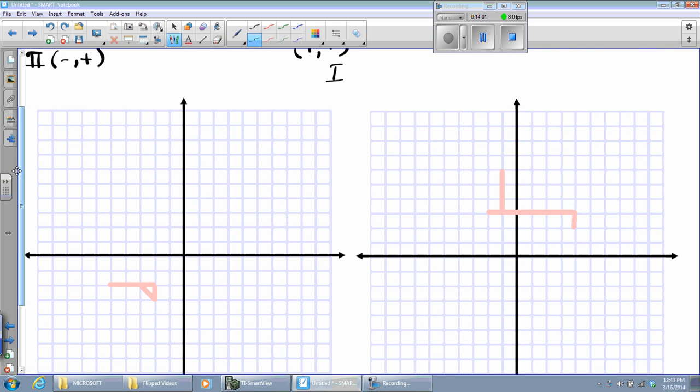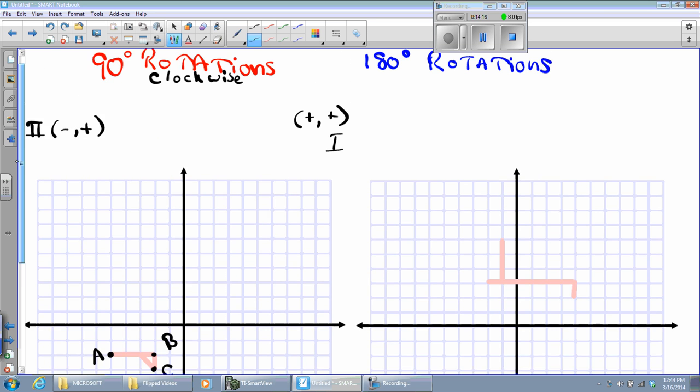All right, now I'm going to identify points A, B, and C, and I'm going to write down their coordinates.